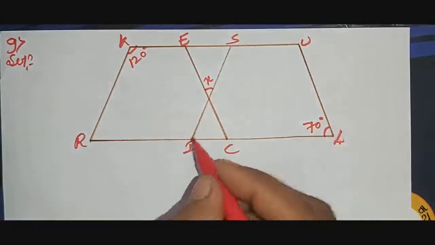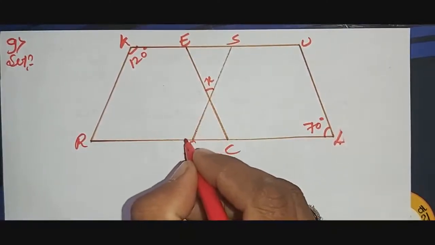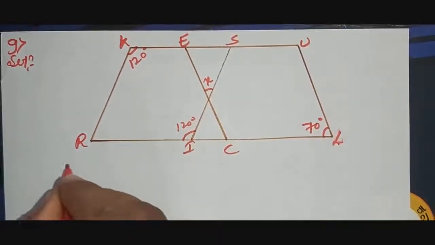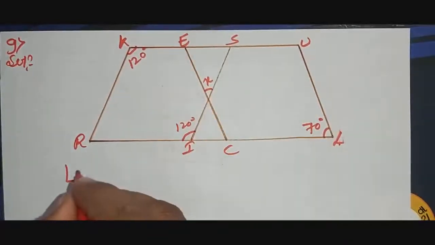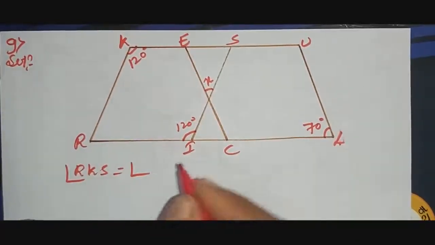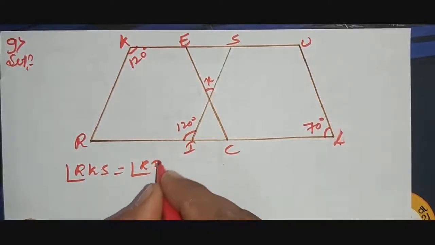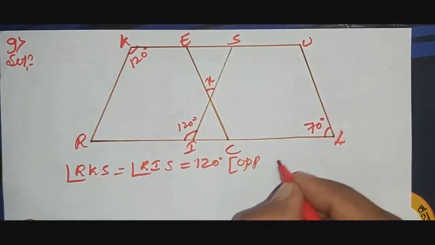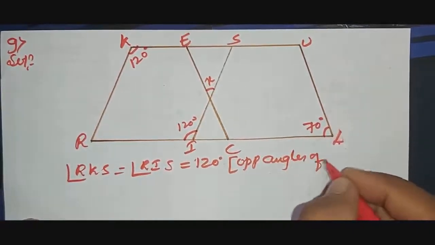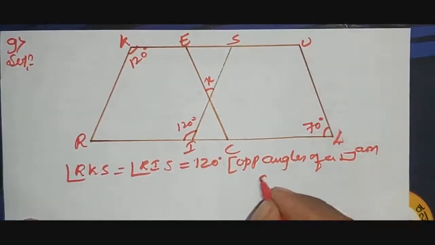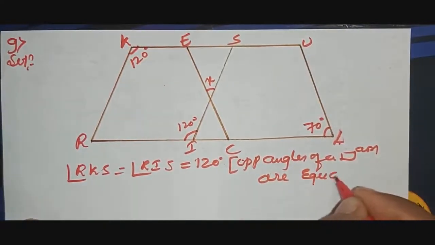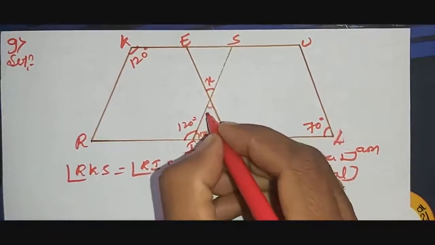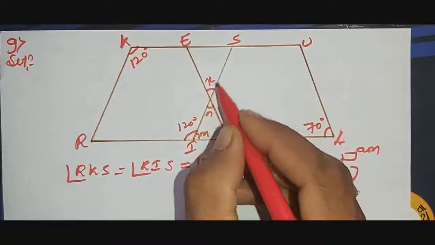So this is also 120 degrees. Angle RKS is equal to angle RIS is equal to 120 degrees because opposite angles of a parallelogram are equal. Now I will take this angle as M and this angle as N. Now x is equal to N, because of vertically opposite angles.